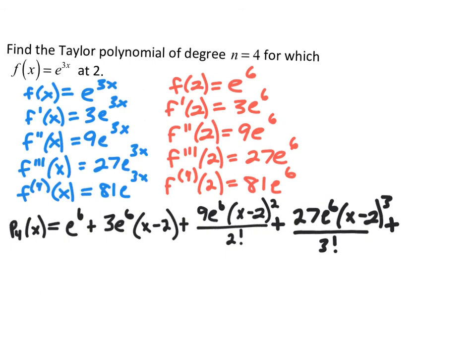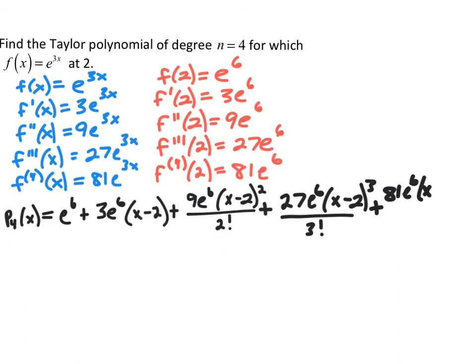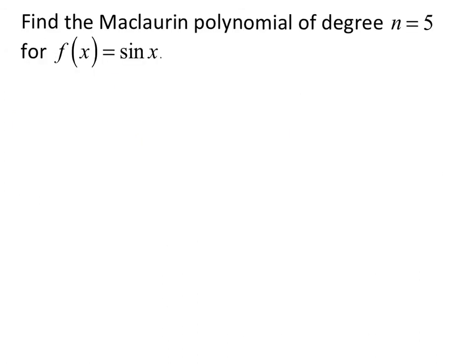And then the last one, the fourth derivative coefficient, came from 81e to the 6th times x minus 2 to the 4th over 4 factorial. That is the 4th degree Taylor polynomial for f of x is equal to e to the 3x centered at x equals 2. Okay, so now let's look at one with the Maclaurin polynomial.